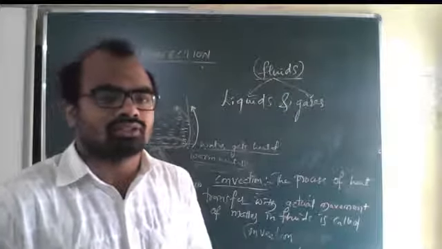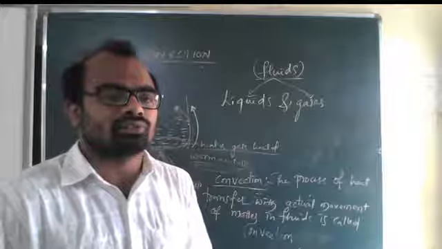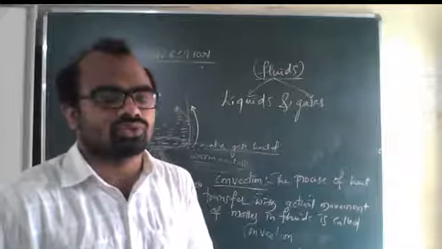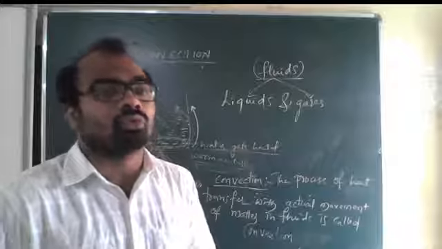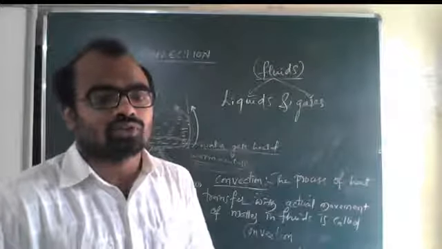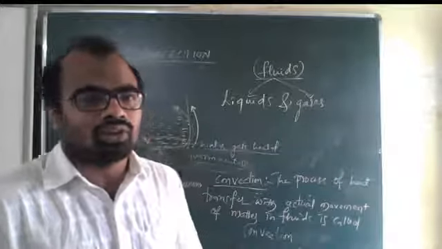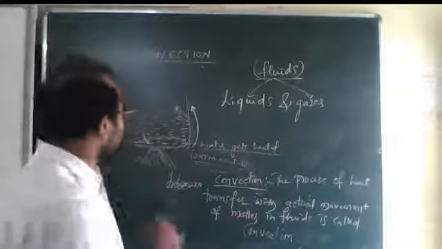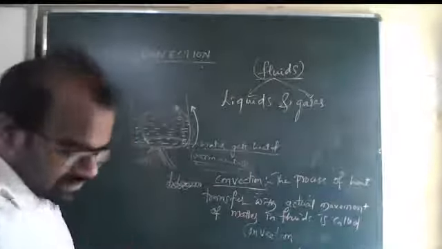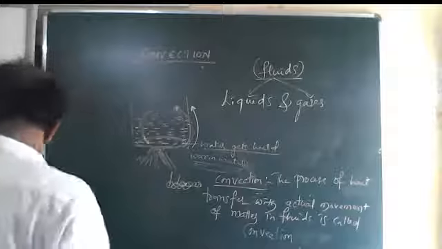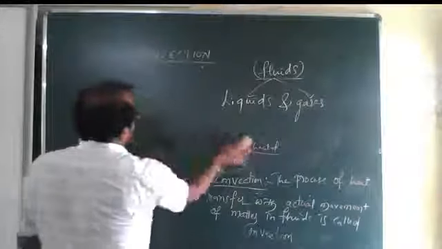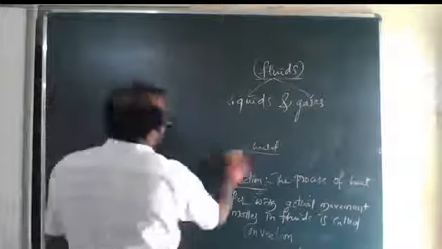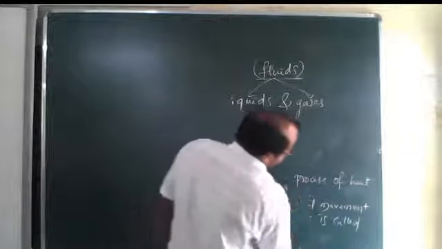So we have discussed conductors, insulators, convection, conduction, and the thermometer. I have discussed all those things. Now in this class we are going to discuss another application of convection first.